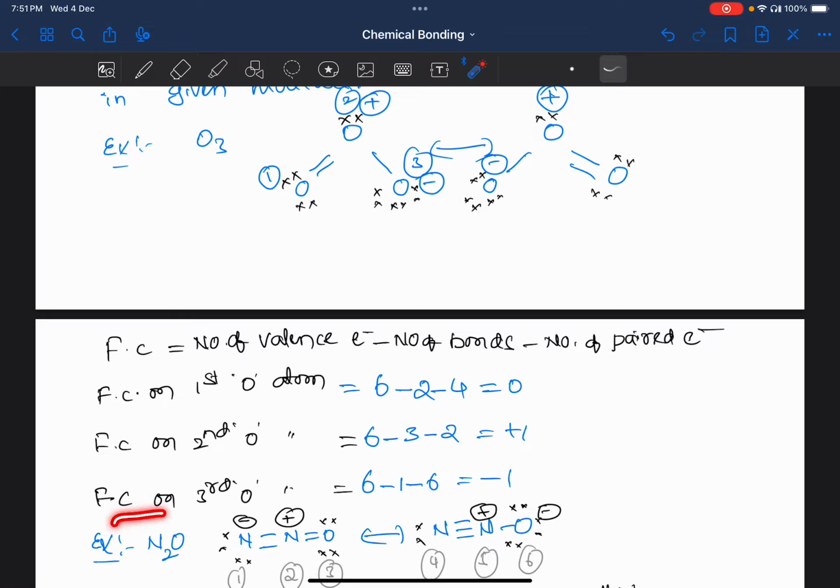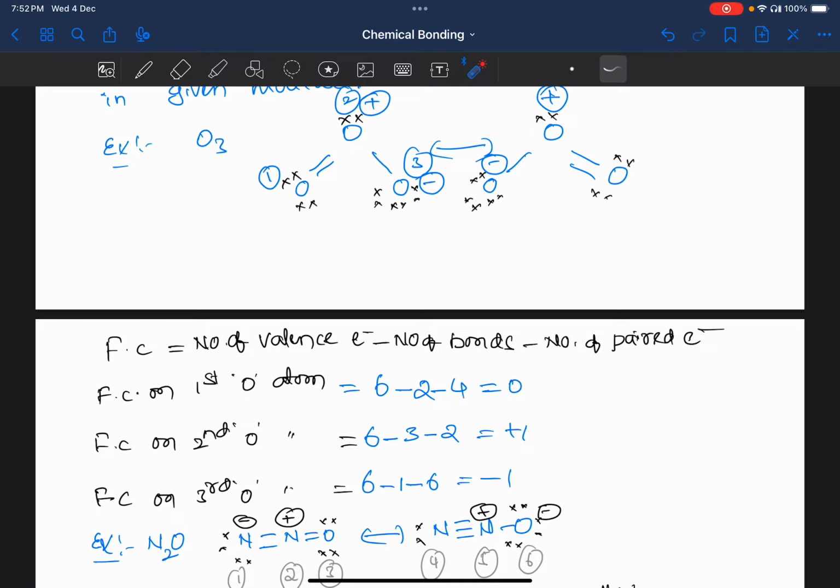And next, the formal charge on the third oxygen atom. Here the number of valence electrons is 6, minus the number of bonds beside that oxygen atom, which is 1, minus the number of paired electrons. 3 pairs are there, so the paired electrons are 6. Therefore that is equal to minus 1.